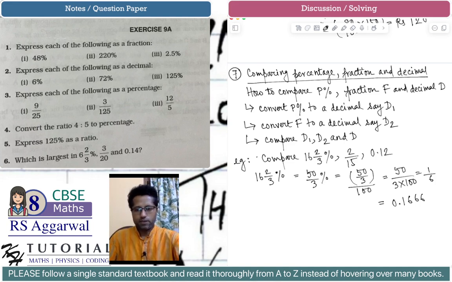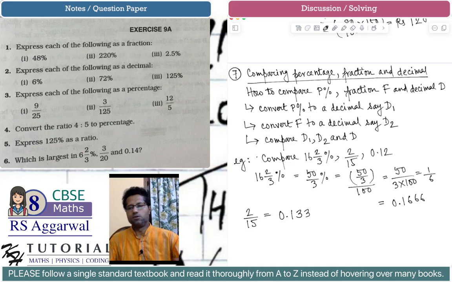Now we have to convert the fraction 2 by 15 also to a decimal. So 2 by 15 as a decimal is 0.133.